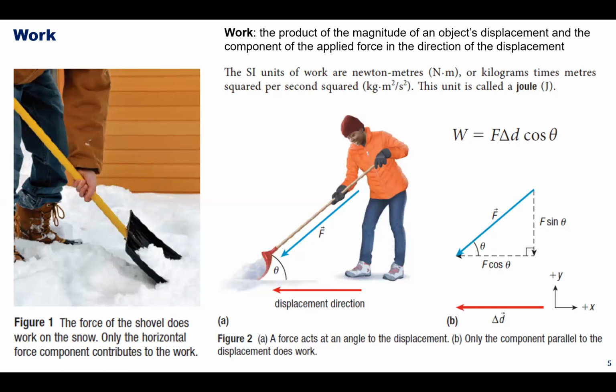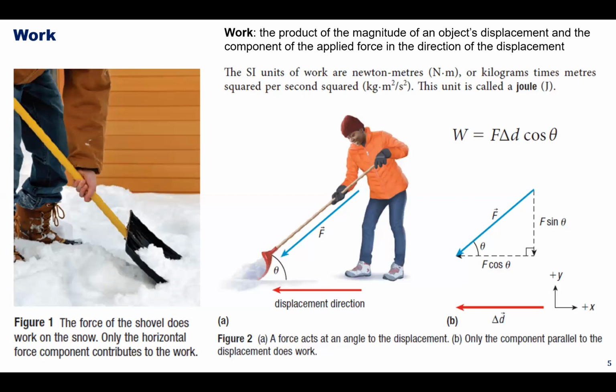The work is a scalar, not a vector. The SI units of work are Newton meters, or kilograms times meters squared per second squared. This unit is called a joule, which is abbreviated as J.